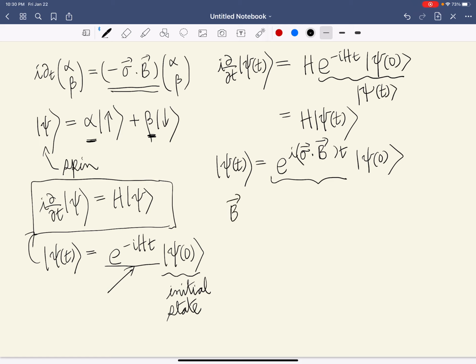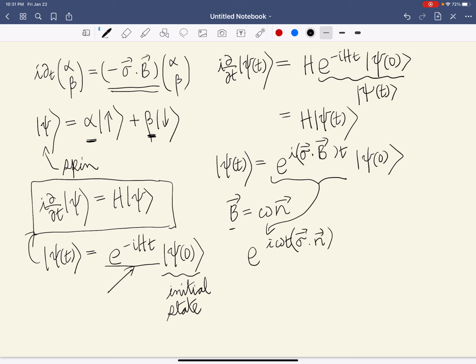I'm going to write the magnitude of this magnetic field vector as some number omega, and I'm going to write its orientation as this unit vector n. Then this factor becomes e to the I omega t multiplying sigma dot n.